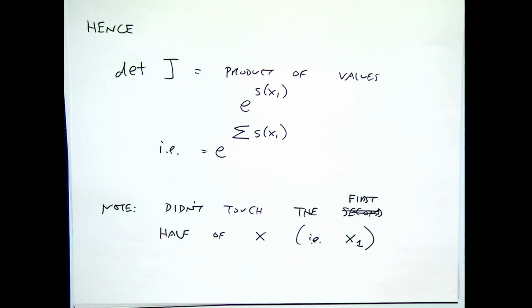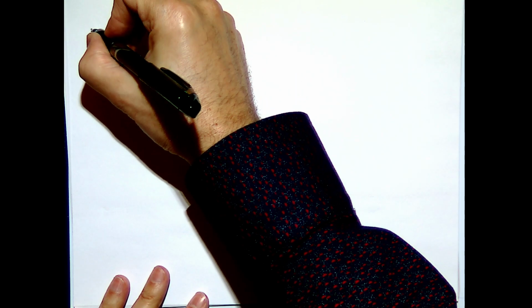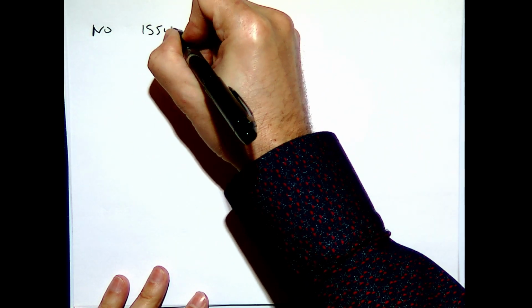But that's not a problem, right? Because I can introduce another coupling layer where instead of manipulating the second half of the vector, I now manipulate the first half, right? So the idea is, no issue.